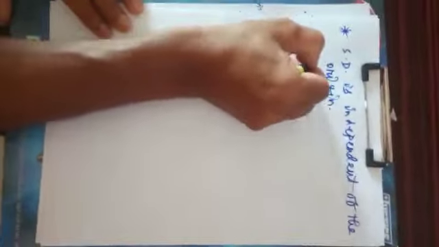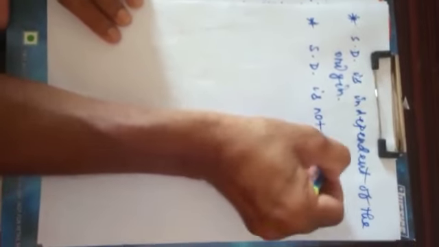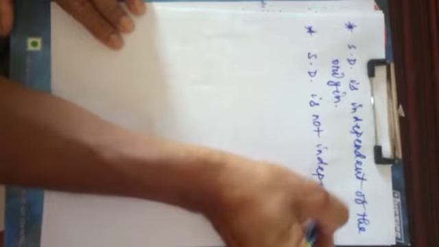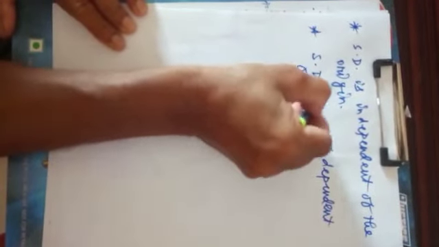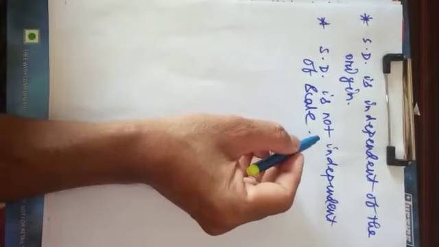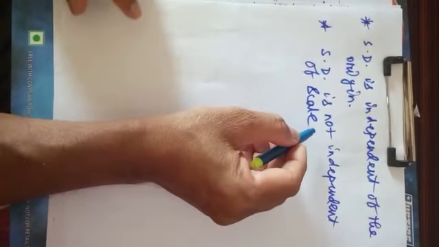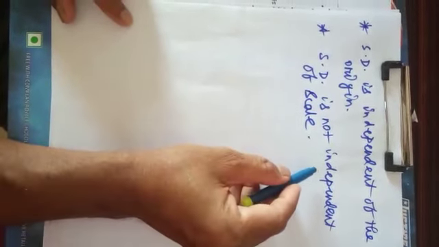But standard deviation is not independent of scale. It means whenever the deviations are divided or multiplied by a constant, that constant you will find in the formula also.